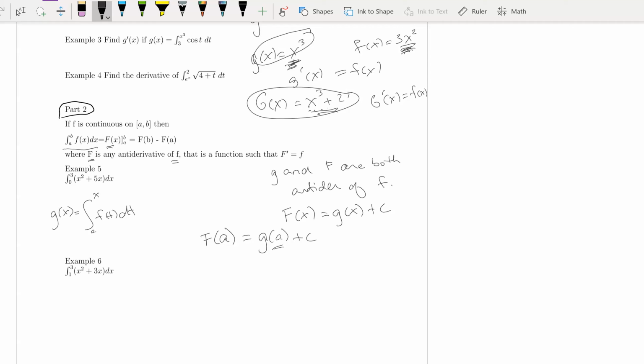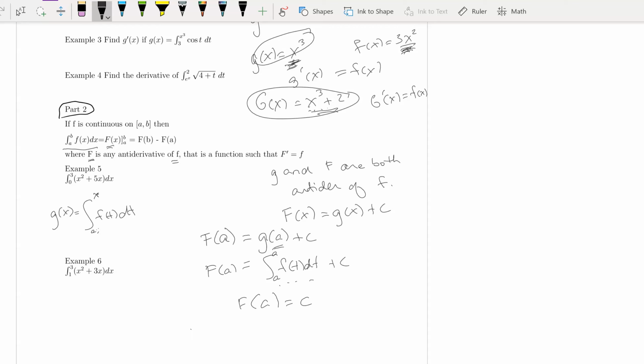What's g of a going to be? G of a means putting in x equal a, right? So what happens when I get x equal a? I get integral from a to a of f of t dt. And what do you know that this integral is? That's 0, right? So F of a equals just c.